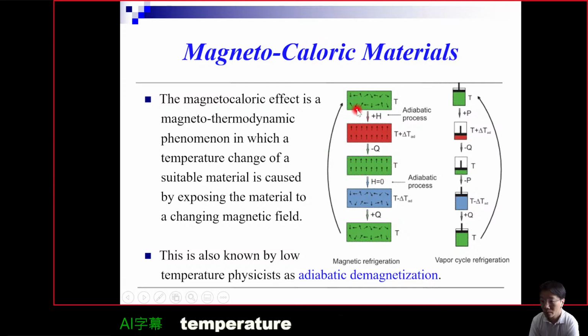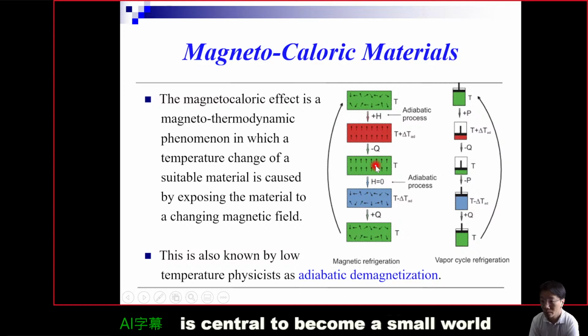But the difference between these two situations is that although they have the same temperature, the spin state is different. In this case we have an ordered spin state, and in this case a random spin state. But in practice, its internal energy is reduced because its entropy becomes smaller.